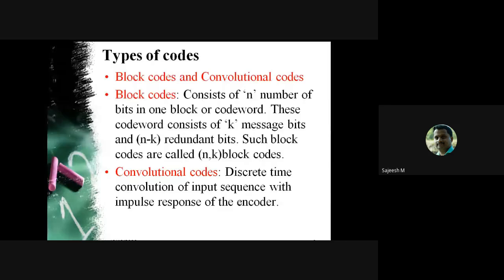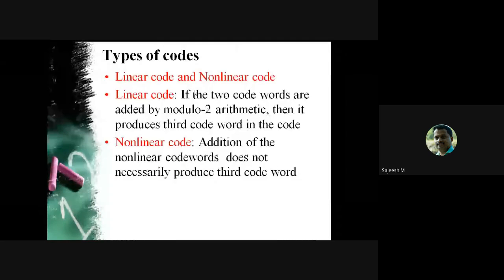Another classification is linear code and non-linear code. Linear code means that if two code words are added by modulo 2 arithmetic, we get another code word. We are discussing only binary codes, that is, only 0 and 1, so we use modulo 2 addition: 0 plus 0 is 0, 0 plus 1 is 1, 1 plus 1 is 0. Take a (6, 3) block code.